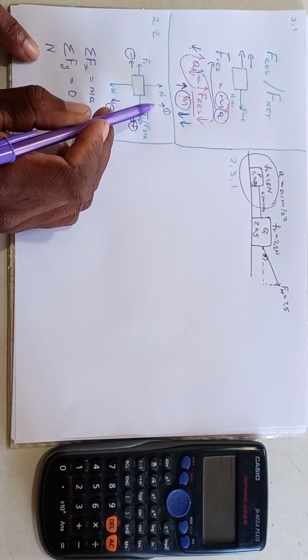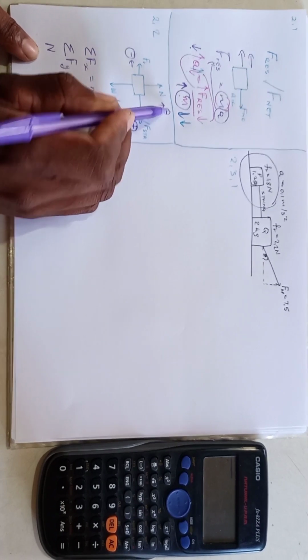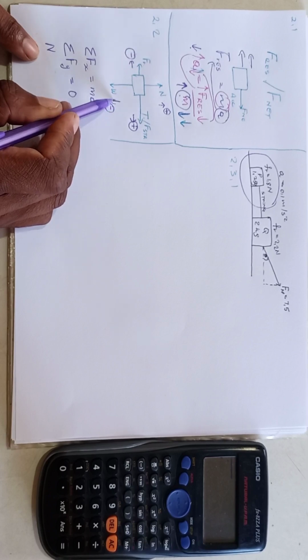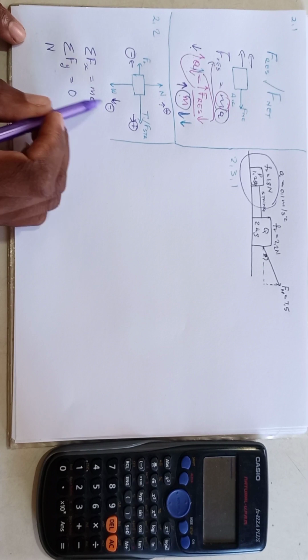The normal force is taking the upwards direction, and that makes it positive, and the gravitational force is taking the down direction, and this makes it negative.